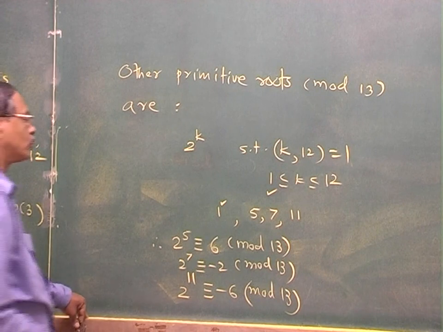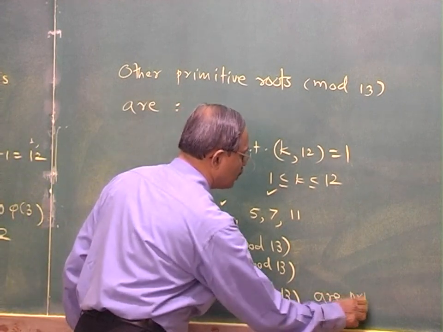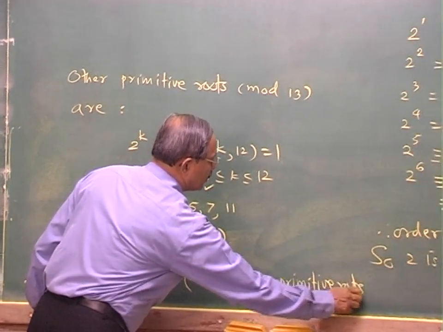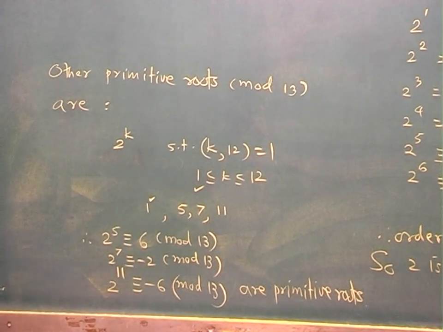They are primitive roots. In one stroke, we could get all primitive roots mod 13.